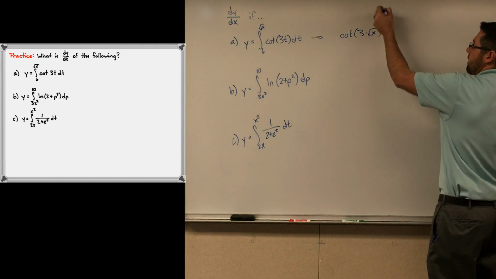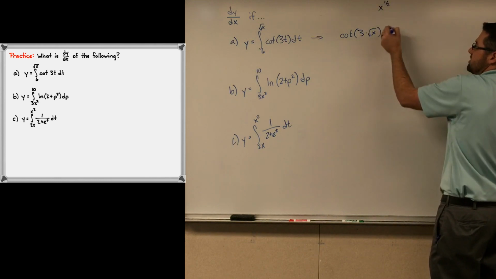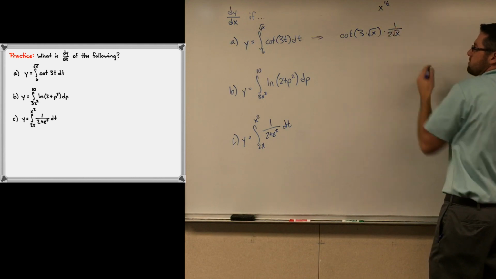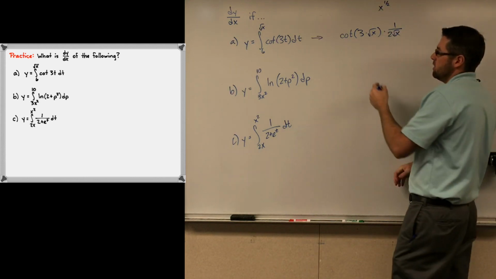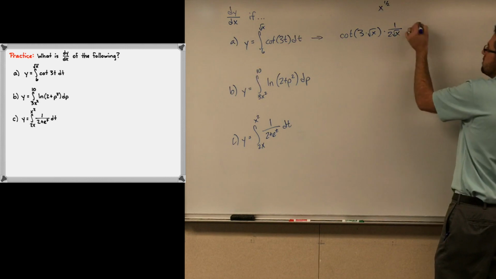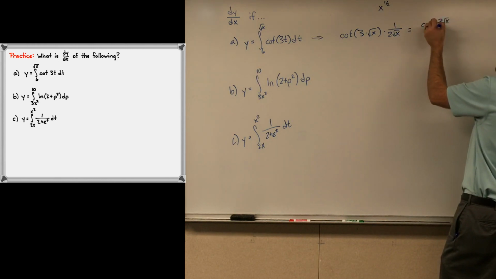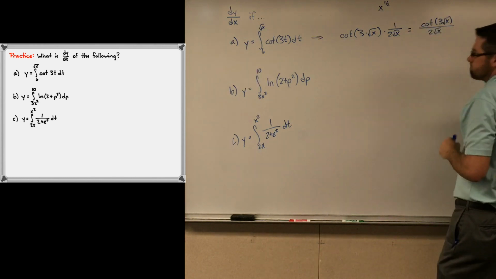You could write it as x to the 1/2, but it's simplified. The derivative of that is 1 over 2 rad x. That's it. Or in other words, cotangent of 3 rad x all over 2 rad x.